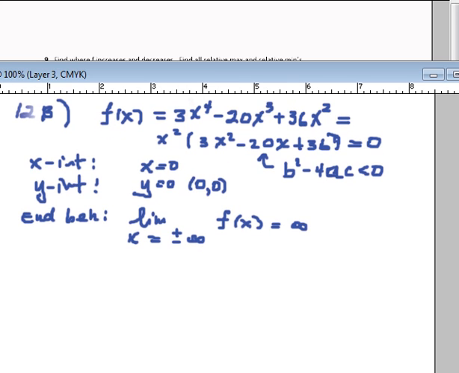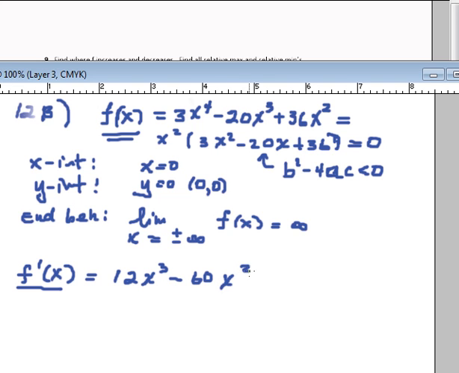Okay, let's look at f prime of x now. That was f of x. Looking at the unfactored form, I'll take the derivative. That's 12x cubed minus 60x squared plus 72x.